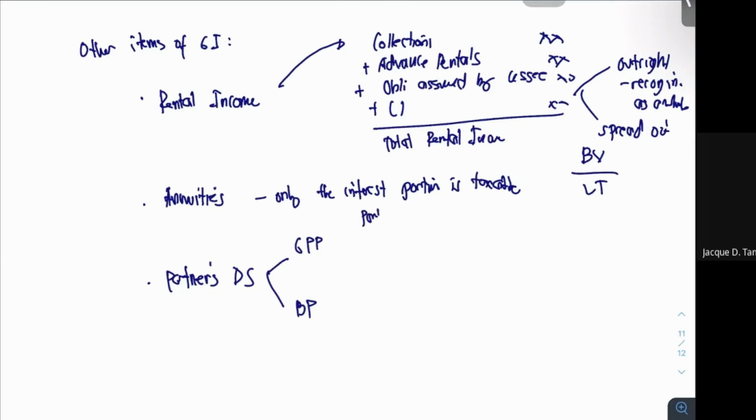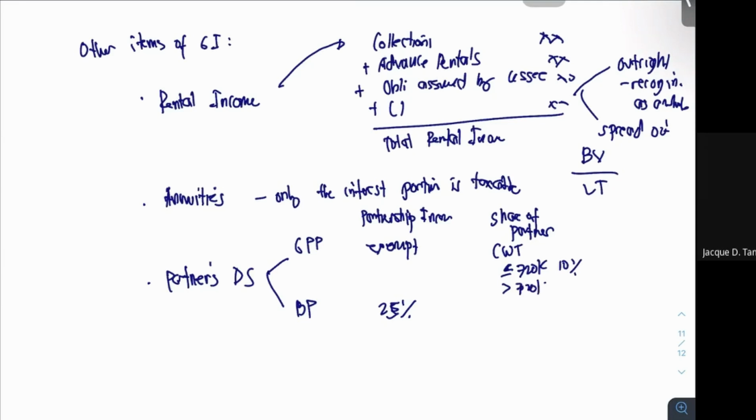As to the partnership income, in your GPP, it is exempt. In your business partnership, it is 25% taxable. Now, as to your share of partner, in your GPP, it is subject to a CWT. If it is less than or equal to 720,000, 10%. If more than 720,000, 15%.